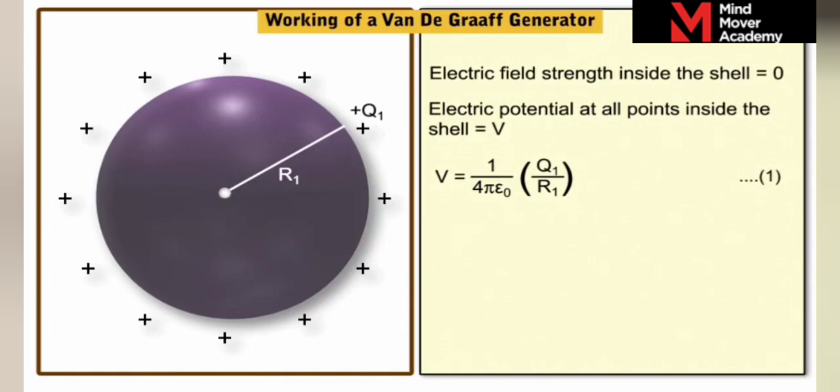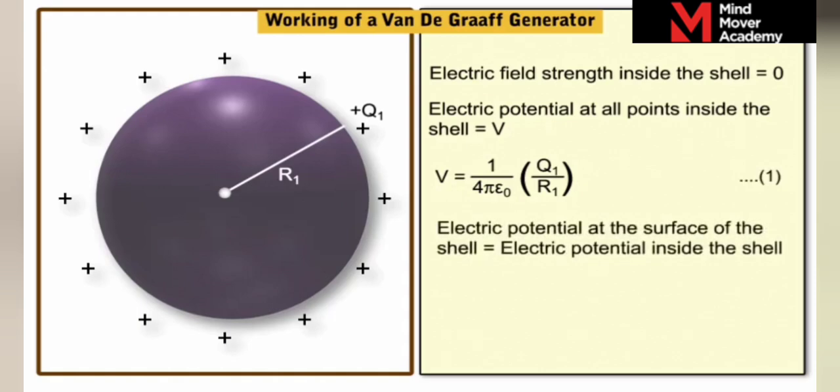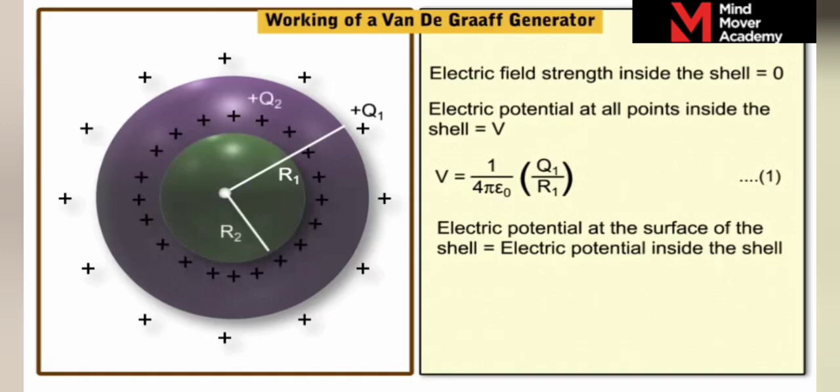We also know that the electric potential at the surface of the spherical shell is equal to the potential inside the shell. Let us assume that there is another smaller concentric sphere of radius R2 with a charge Q2 on it. Now, let us consider the potentials at the surfaces of the inner and the outer spheres. Let the potential at any point P on the surface of the inner sphere be VR2.